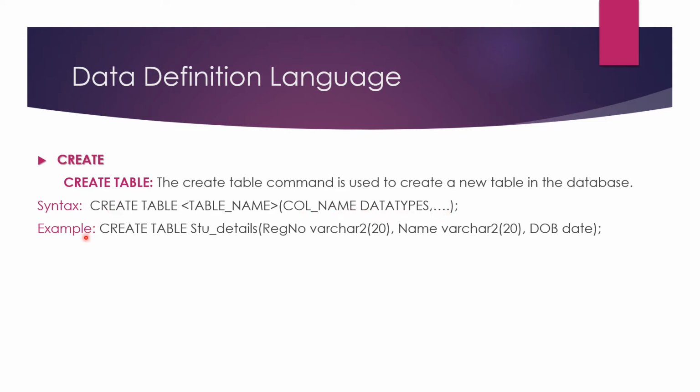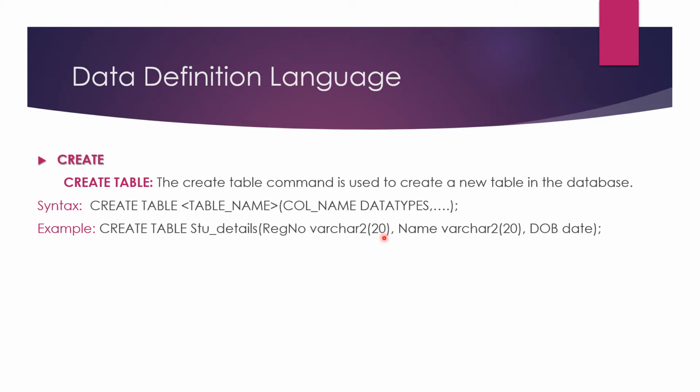A simple example for the create table query is: create table, which is a syntax we should follow as it is. And then the table name, here student details, and open parenthesis: register number is a column name or field name.